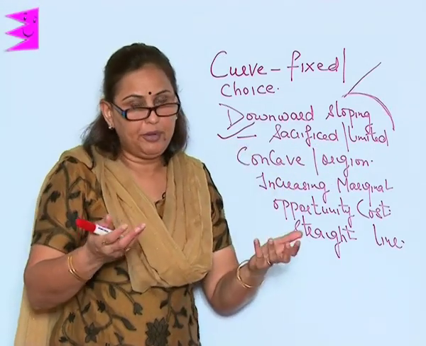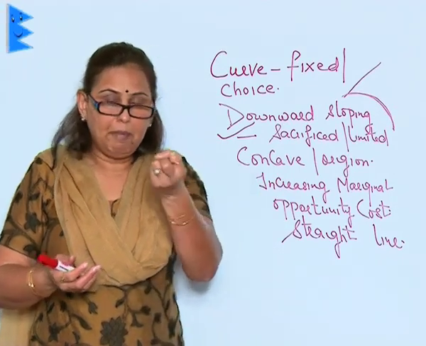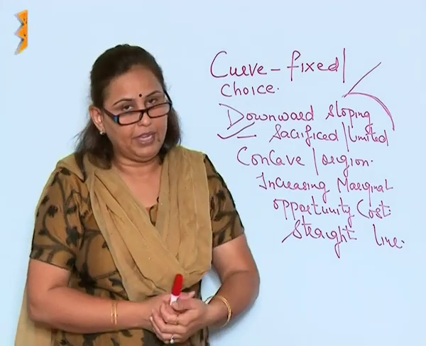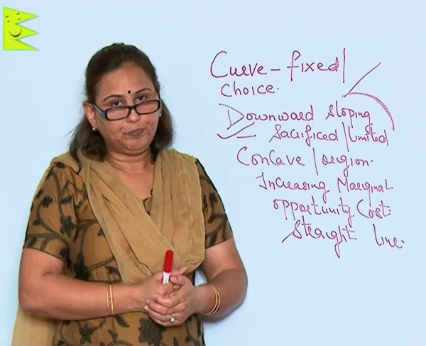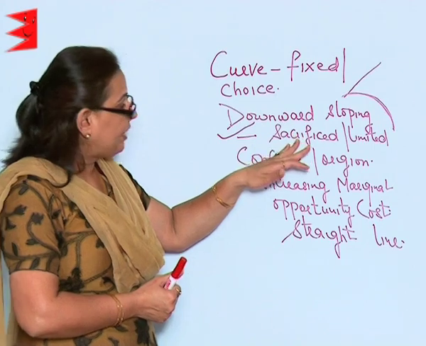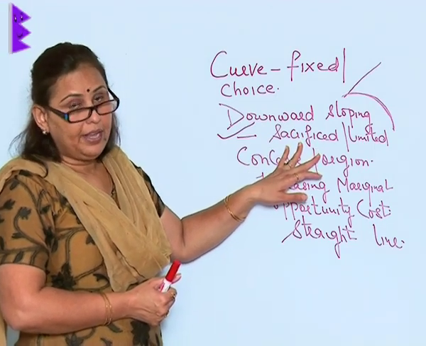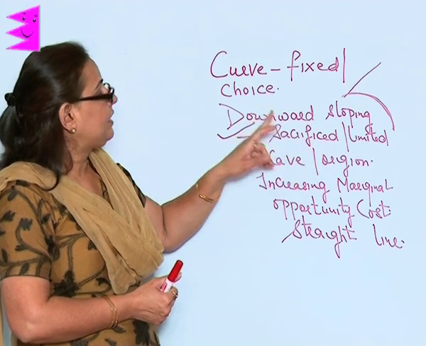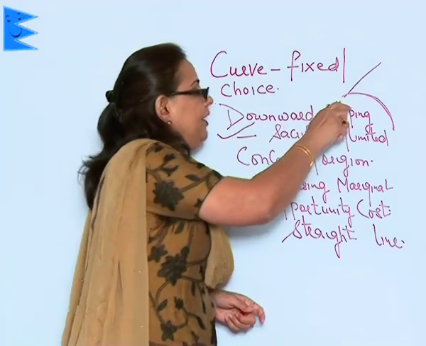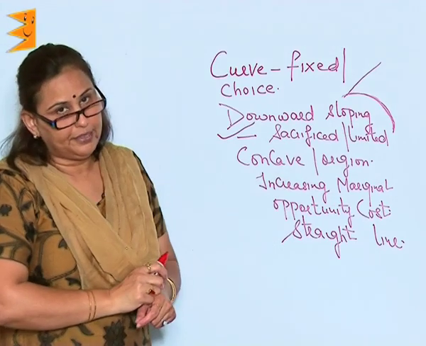We could have produced either wheat or tanks because maybe the money that we had was only that much, maybe the manpower that we had was only that much. So, when we are making the sacrifice of a good, of a commodity, that is the time that the production possibility curve is shown as a downward sloping curve from left to right.